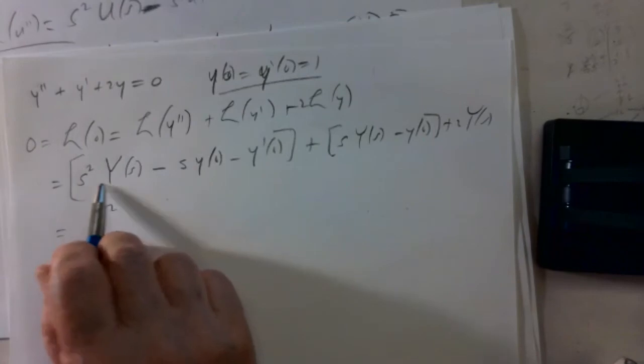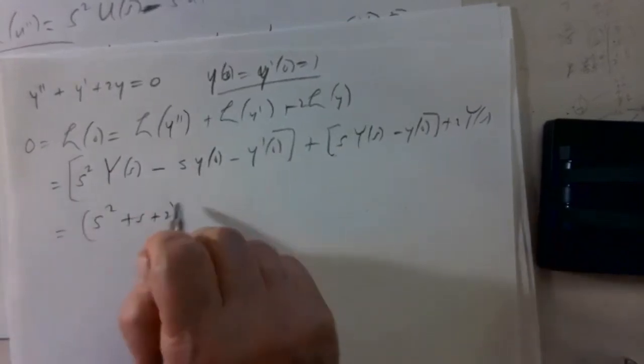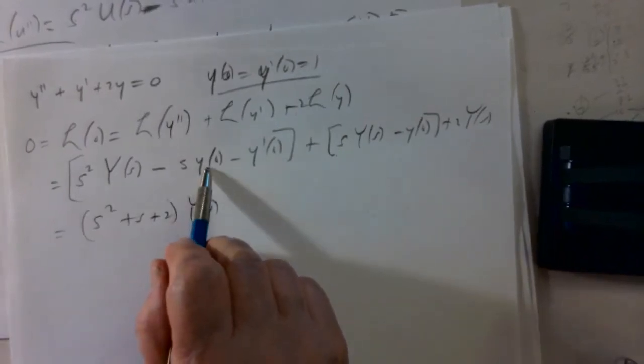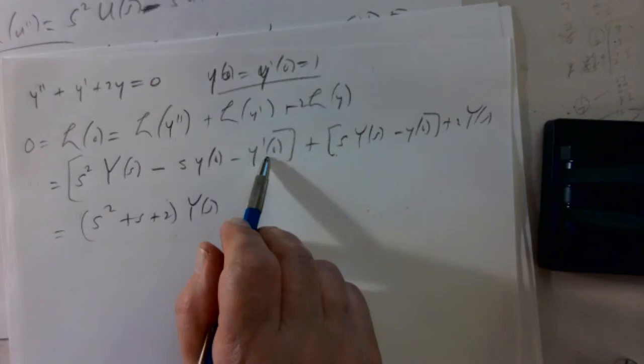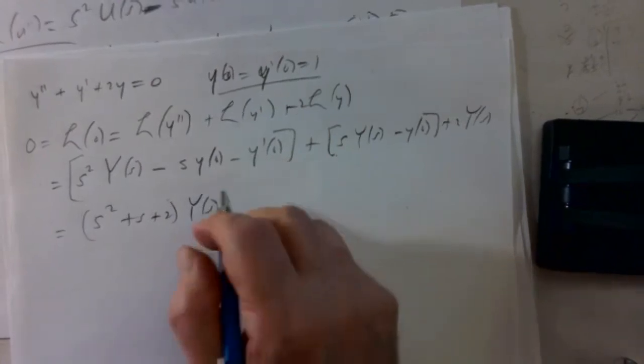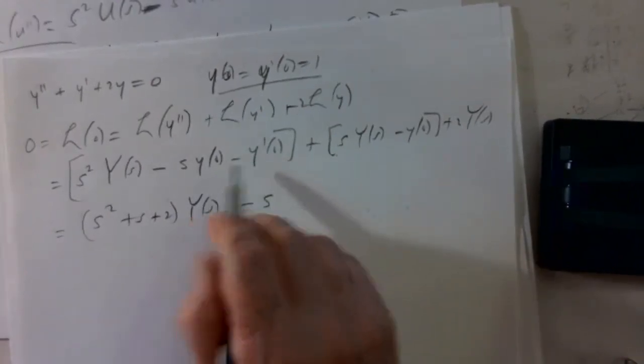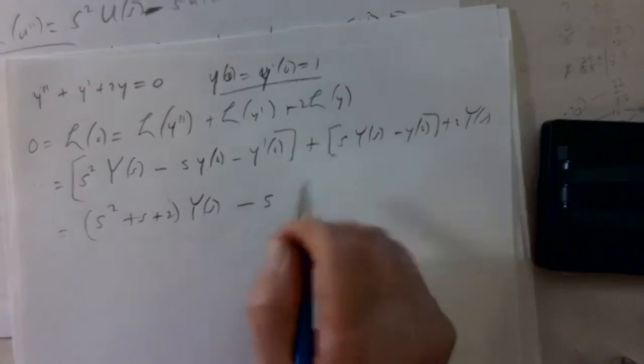So that's s squared plus s plus 2 times Y of s. And y of 0 and y prime of 0 are both 1, so this is minus s minus 1 minus 2.